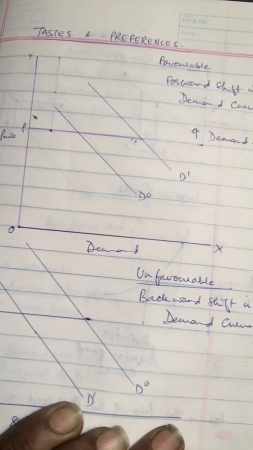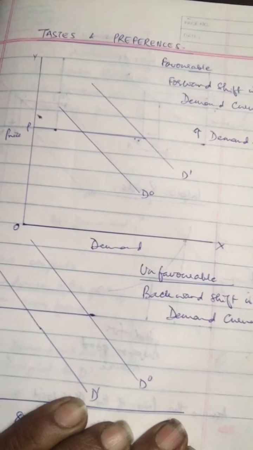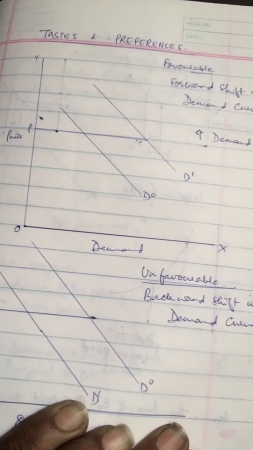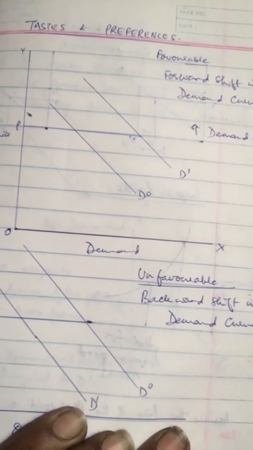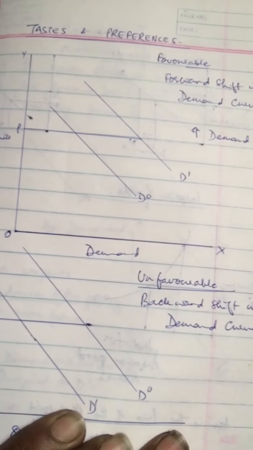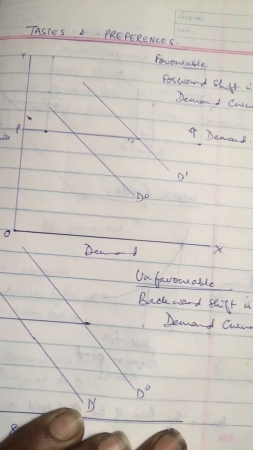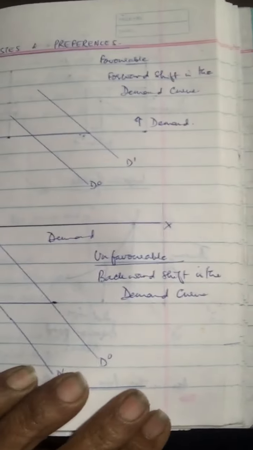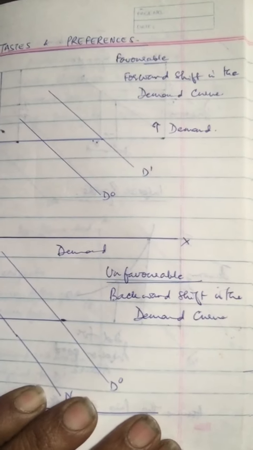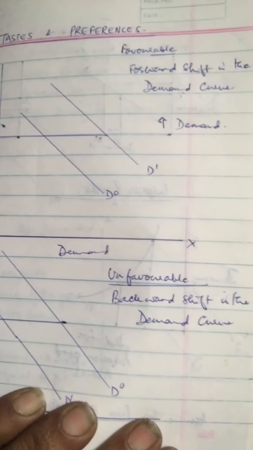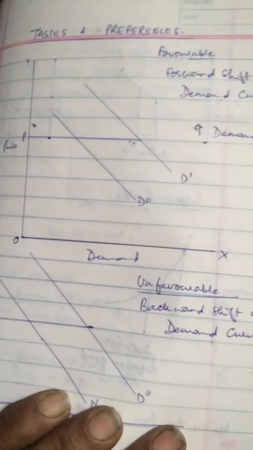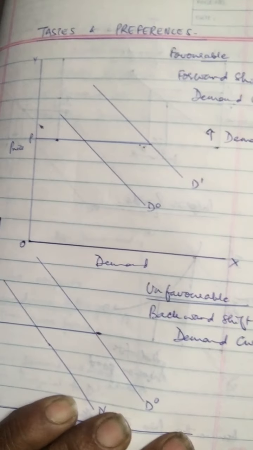There'll be an increase in demand at the same price. And again, if there's an unfavorable change, then there's a decrease in demand at the same price. So that could be due to changes in fashion and things like that.